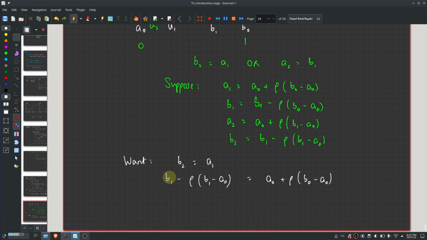I can again substitute for B1: B0 minus rho, minus rho into (B0 minus rho minus A0), equals A0 plus rho.